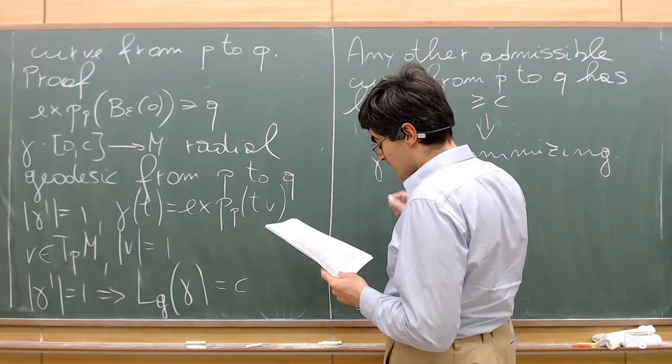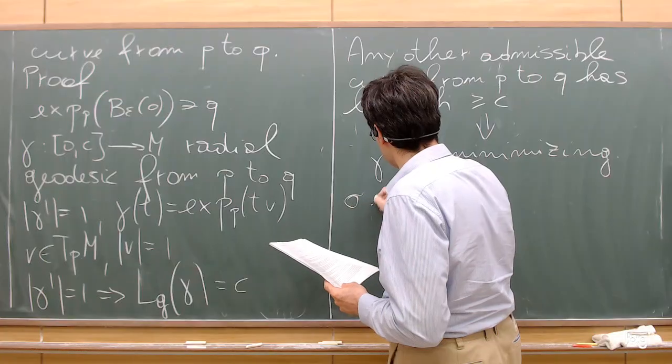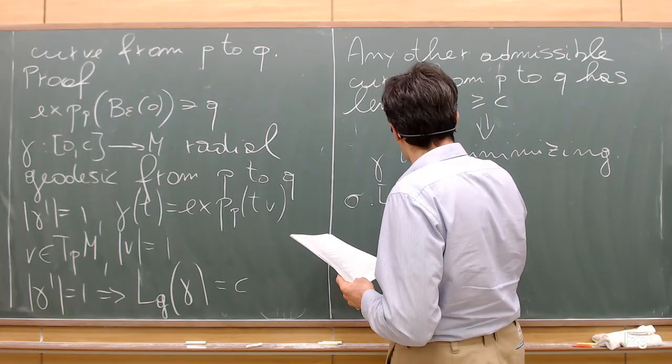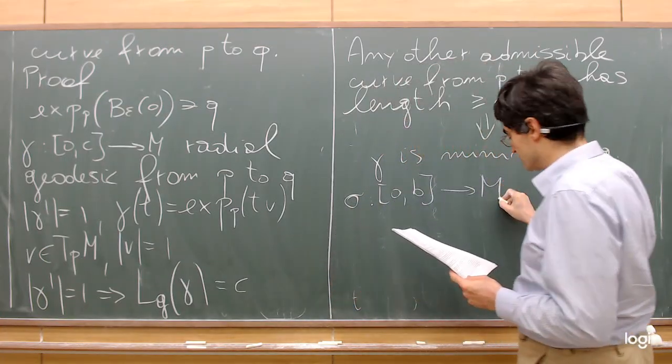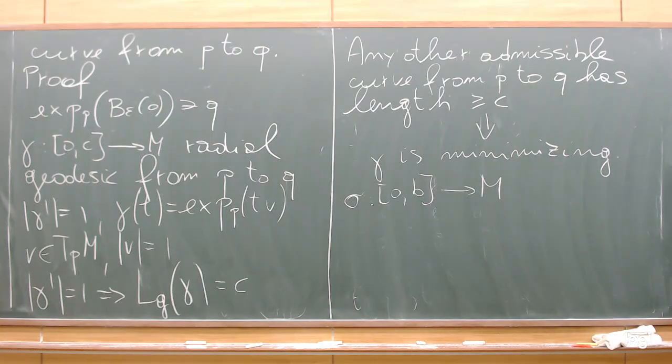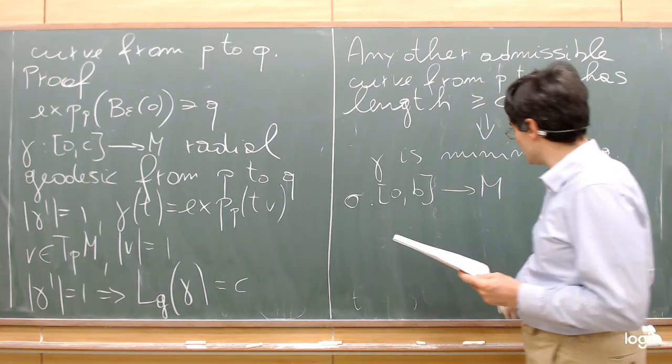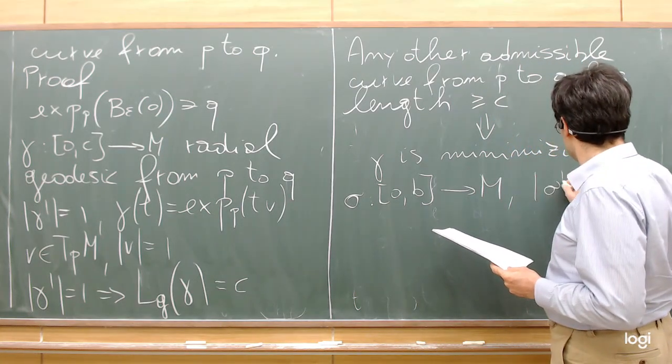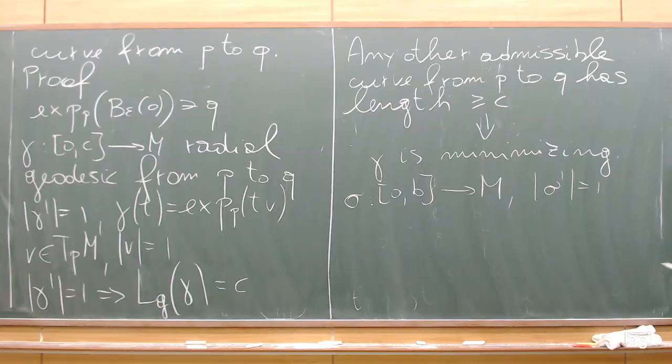Okay, how to do this? So suppose that sigma is such a curve, and we suppose that it is parameterized by arc length.